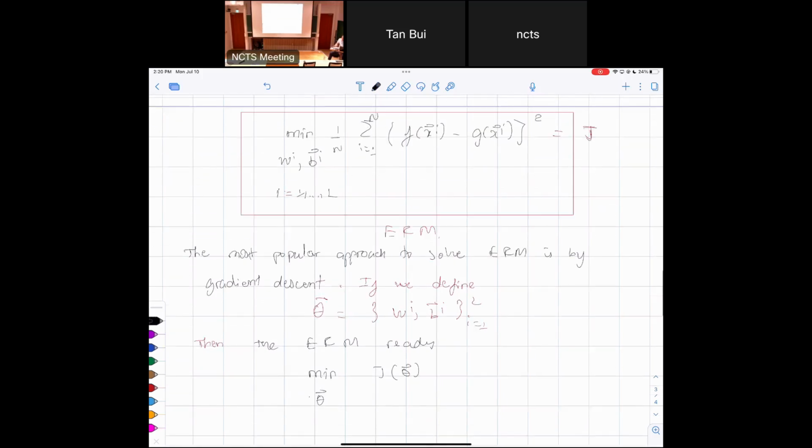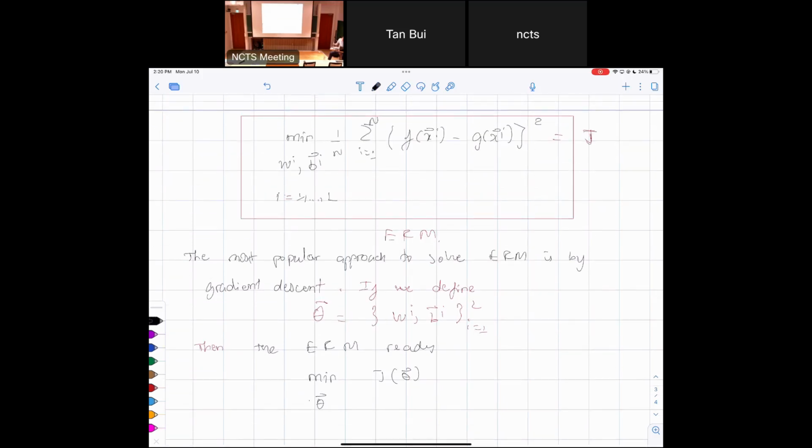So the empirical risk minimization problem now becomes, abstractly, just minimization of J, the loss function or the risk. So we want to minimize the risk, or minimize the loss. Very intuitive reason why people call it that way. All right.